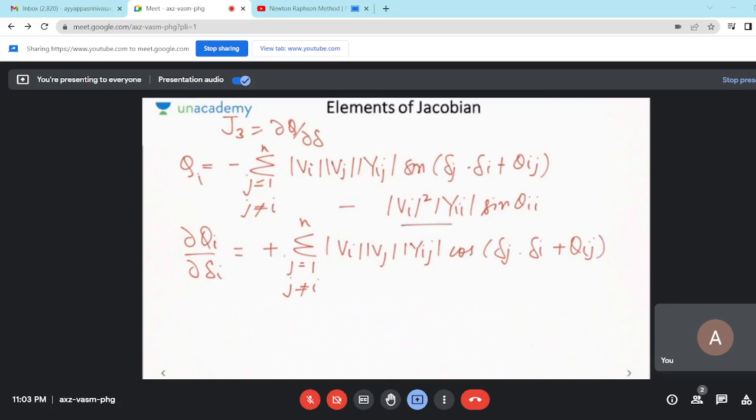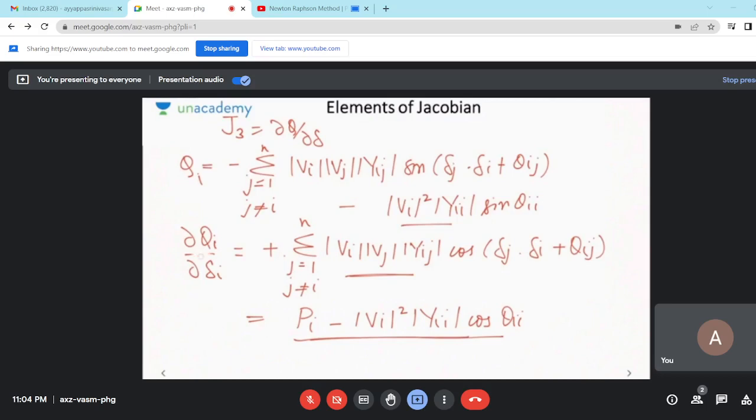Then the derivative of this term would be 0. Now this term resembles power, but j is not equal to i, so we will add the ith term and subtract the ith term, that is mod Vi square mod Yii cos theta ii. We have added and subtracted this term, so it can be expressed in terms of Pi. So that is a more compact form.